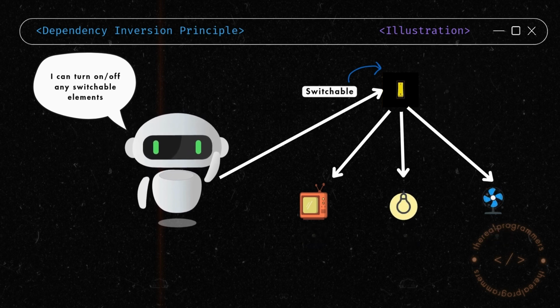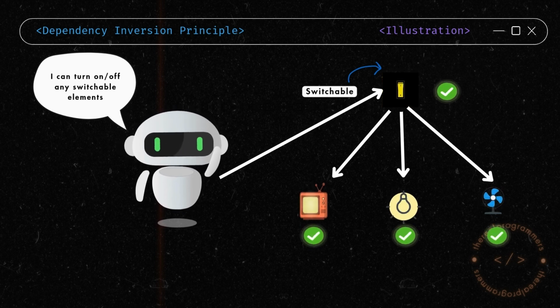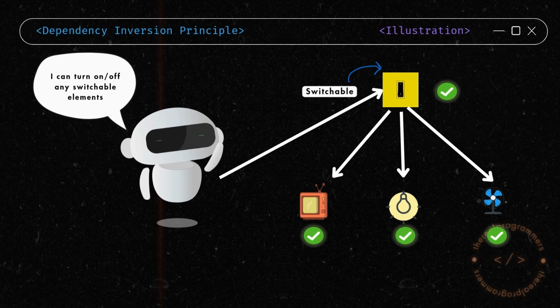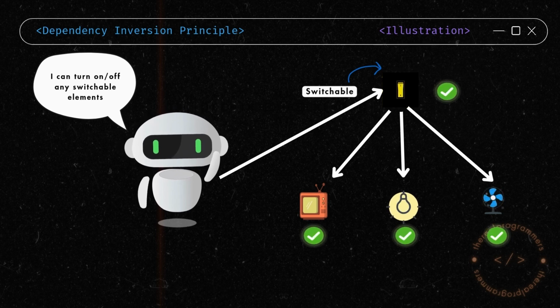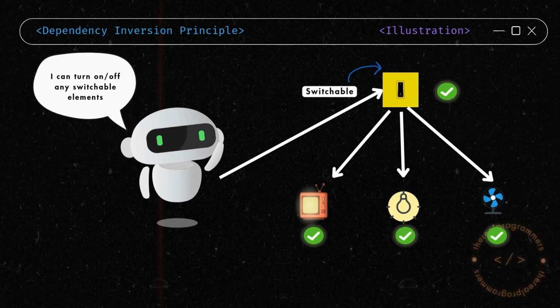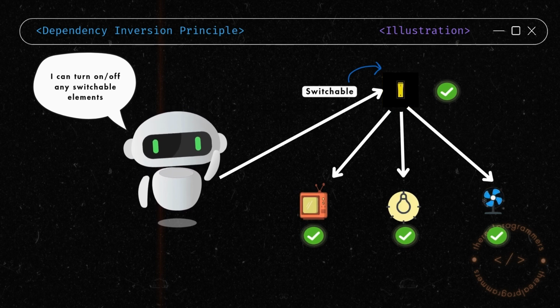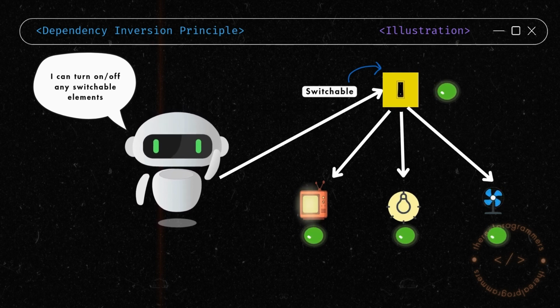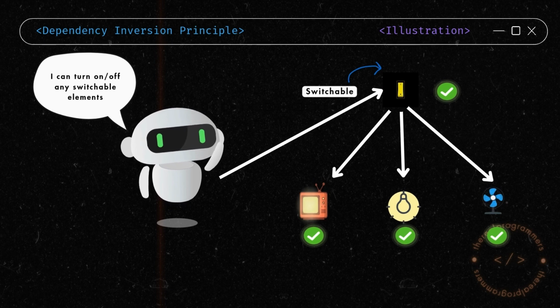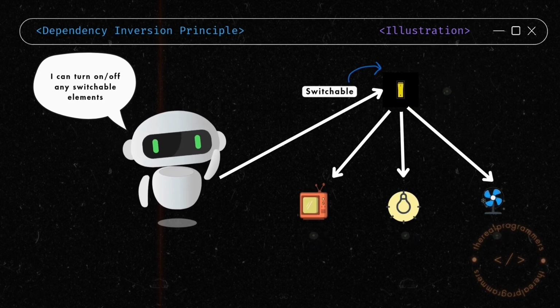In this case, all the switchable elements now implement the switchable interface, and the dependency of the program is inverted to an interface called switchable, which enables the program to control all the elements which implement the switchable interface. This makes the whole design loosely coupled and solves the problem.